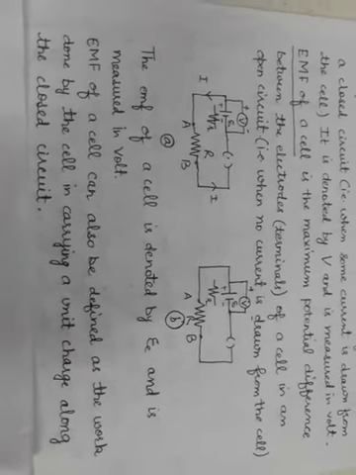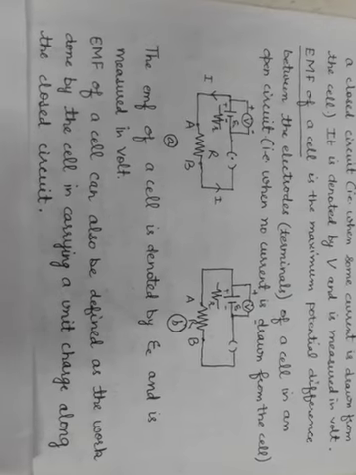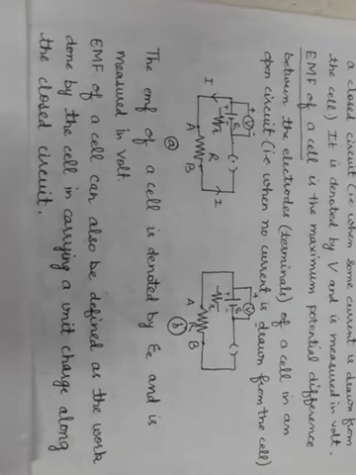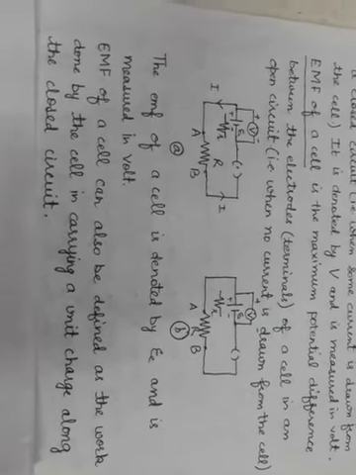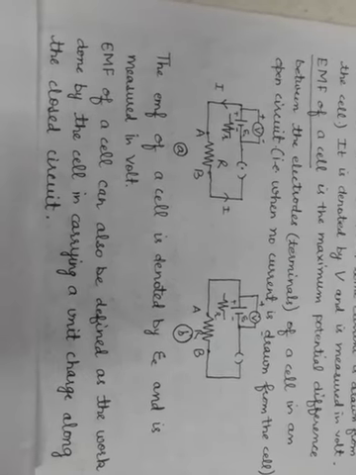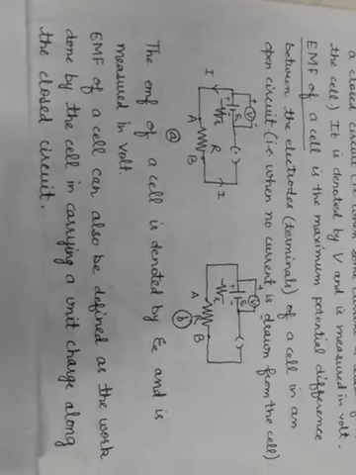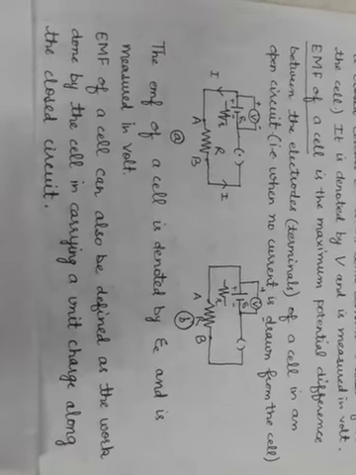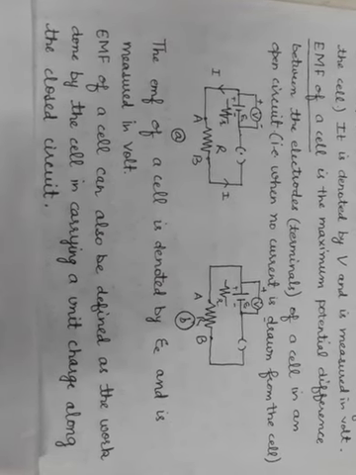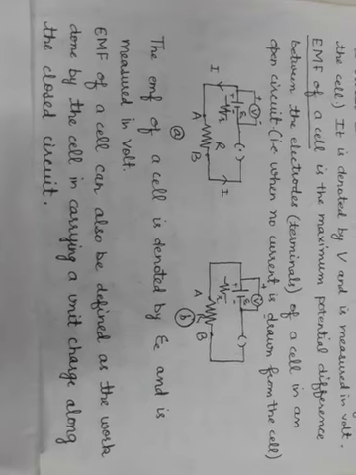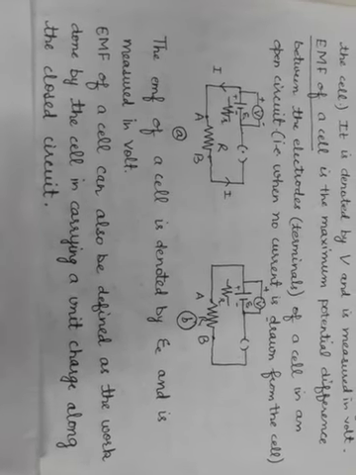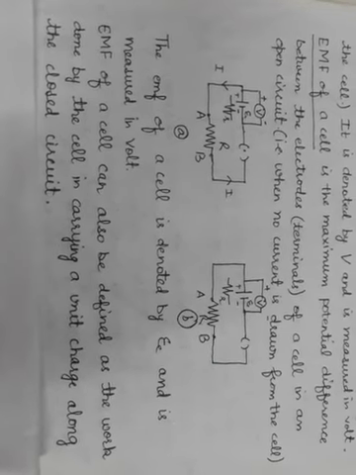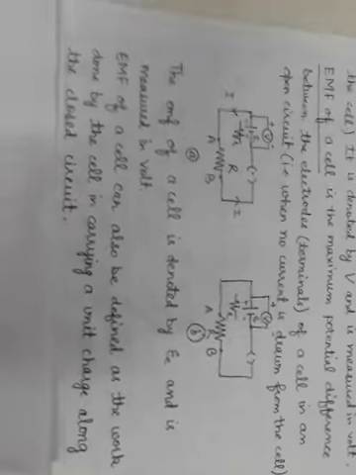Means if we consider a unit positive charge at the positive terminal, then the total work done to move the charge from this positive terminal to the negative terminal plus from the negative terminal to the positive terminal will be termed as EMF, whereas the terminal potential difference will be equal to the work done in moving the charge across the external resistance capital R only. So in this way the value of EMF will be greater than the value of the terminal potential difference.